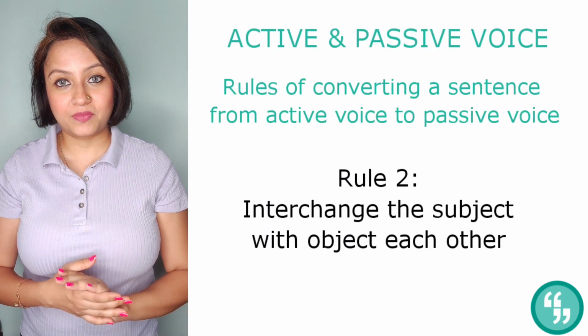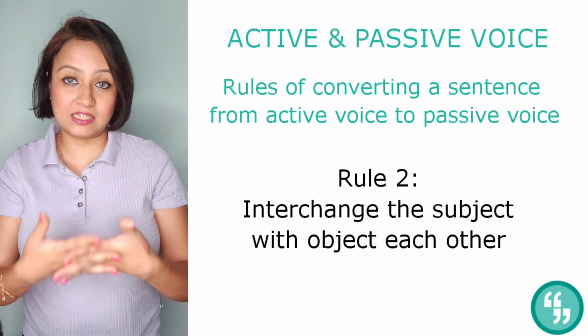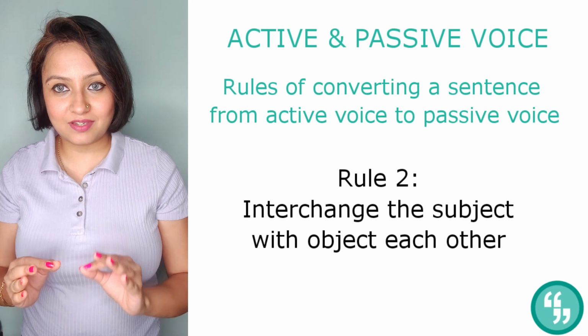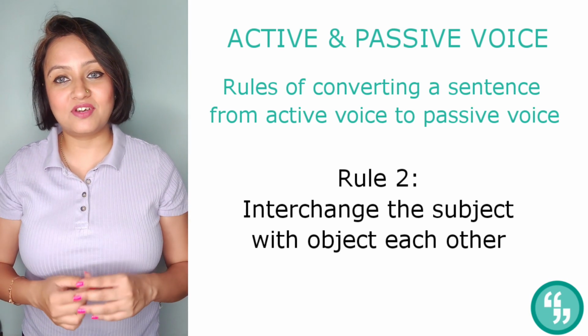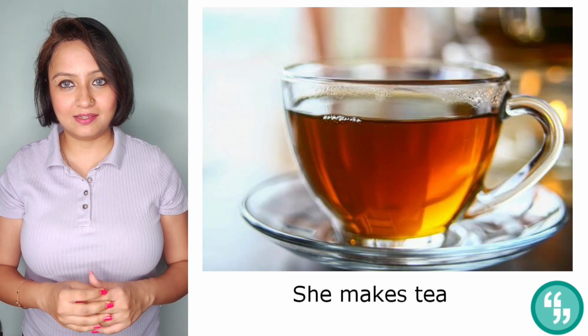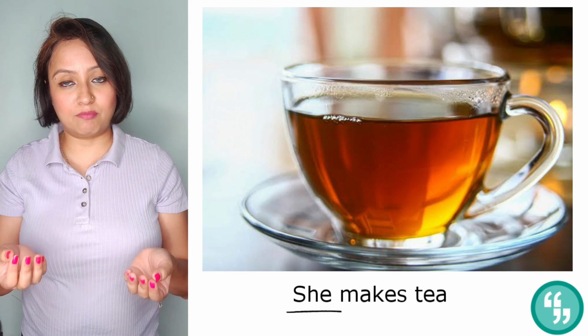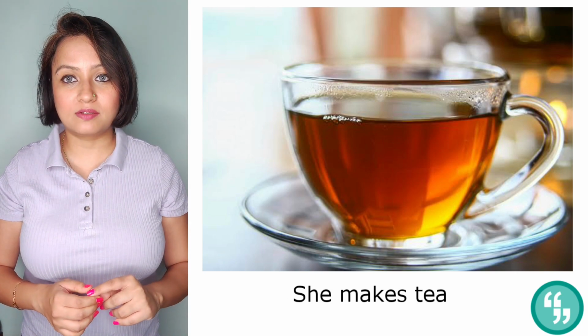Rule 2. Interchange the object and subject with each other. That is, the object of the active sentence will become the subject of the passive sentence and vice versa. For example, she makes tea. She is the subject, makes is the verb, and tea is the object.